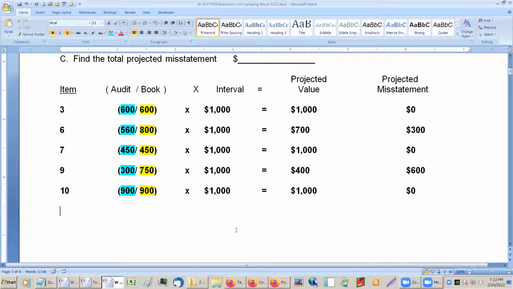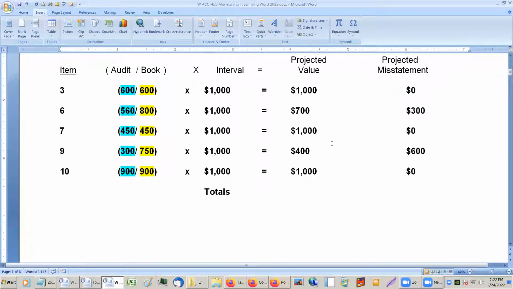Okay, so the totals here. Oops. I've got to redo this one. Okay, so the totals. The projected would be 3,000 for 4,100, and the misstatement would be 900.